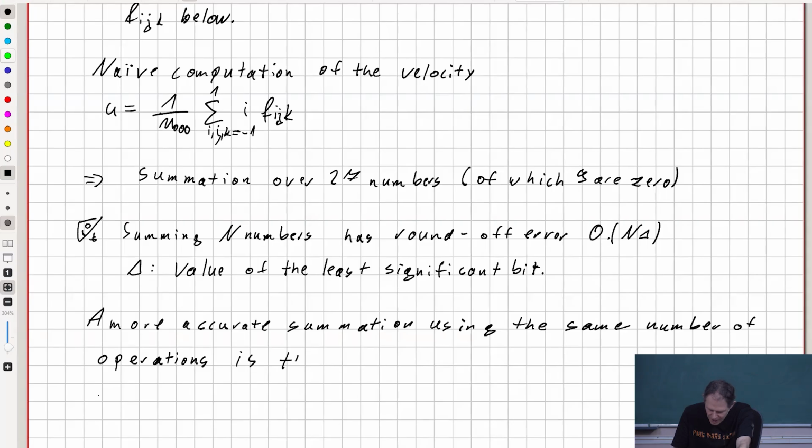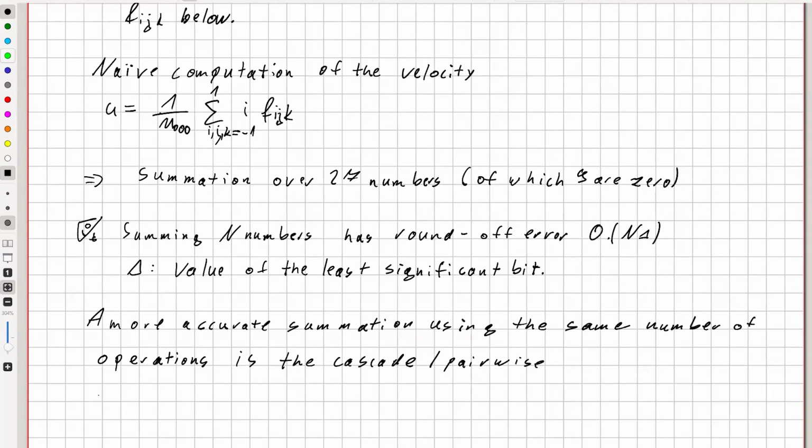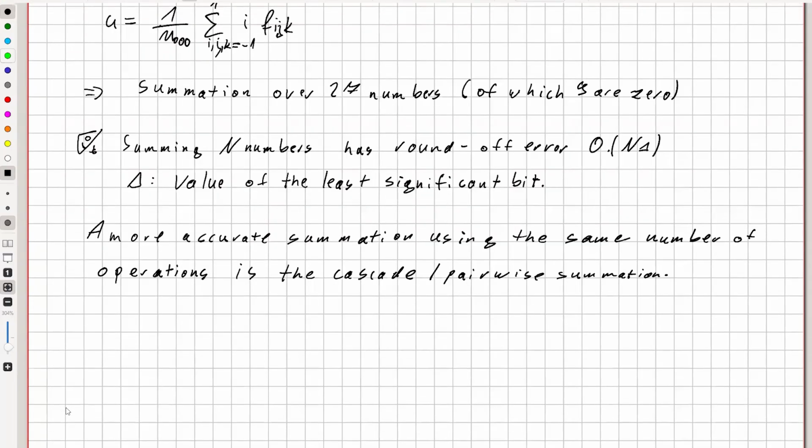So this is the cascade or pairwise summation. Maybe I can't convince you to do this for your household items, since the round-off error there is maybe not large enough.